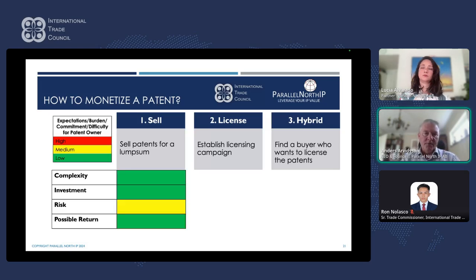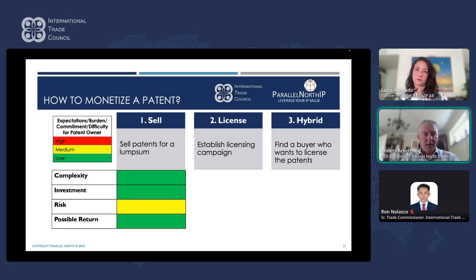So looking first at the opportunity of selling, it is rather straightforward. There's low complexity. You have transparency when you're offering a patent on the market, and the investment is low. The only thing that you will normally invest is the time and resources to find the right buyer.